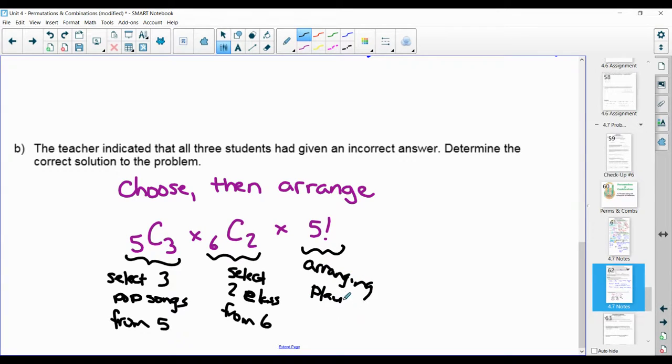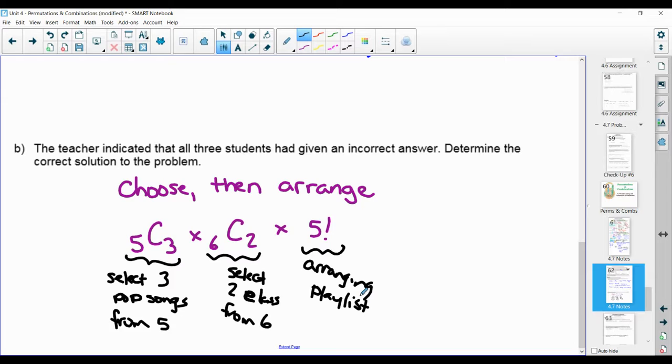So think about this. If you're going into your iTunes and you want to set up a playlist, well, you might decide, you know what, today I want like 5 country songs and 3 rock songs. And so you're going to select your music first. It doesn't matter what order you select it in, but you're going to select all those songs, put them in, and then you're going to set up your playlist.